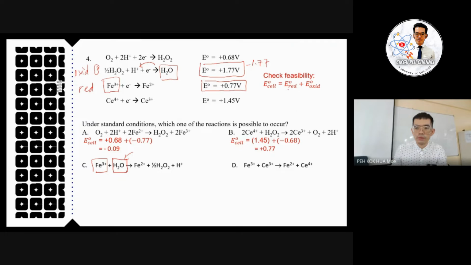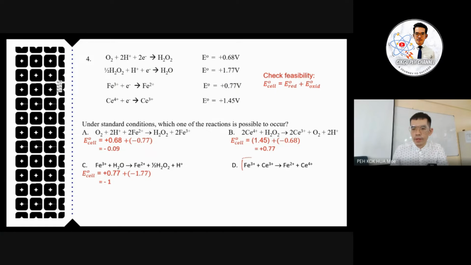So we add these two values, and we get negative 1. Sorry, the E0 cell value here will be negative 1, and the negative value of the E cell shows that this is not a possible reaction to occur here. So this will be wrong. Okay, and the last equation will be D. The reactant will be Fe3+ here.